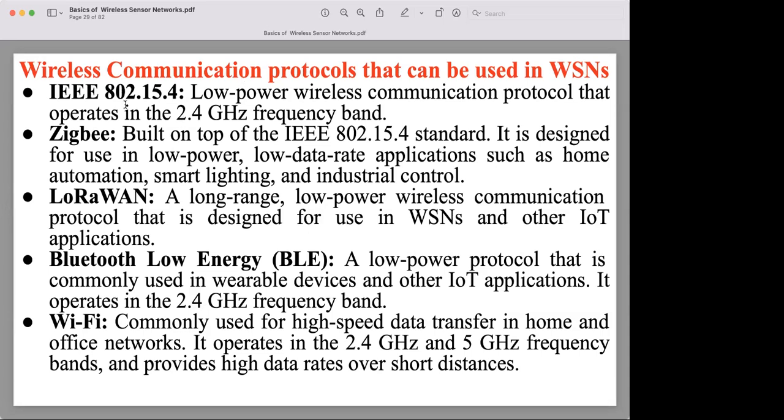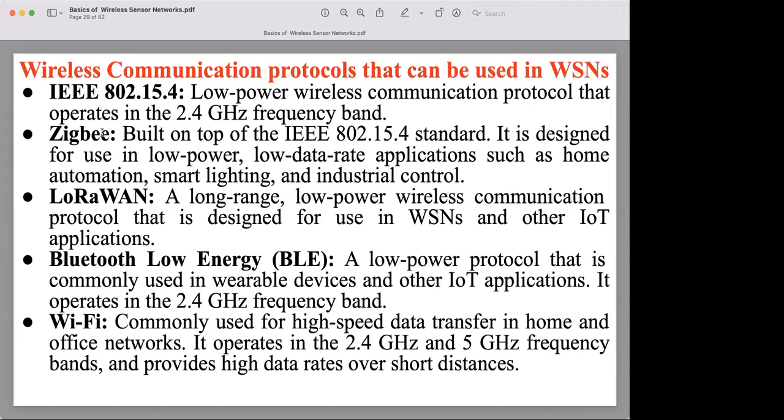Very first, we will see in detail later on, IEEE 802.15.4 is a standard, and a number of protocols are based on this standard. This standard is specially designed for low power wireless communication, especially for wireless sensor networks, and works on the 2.4 gigahertz frequency.